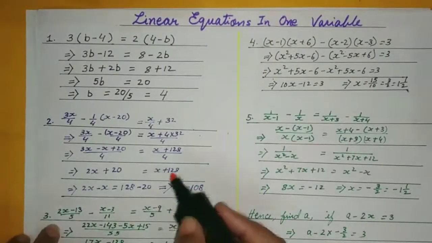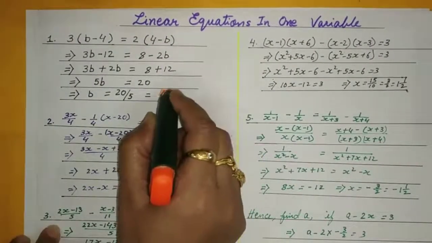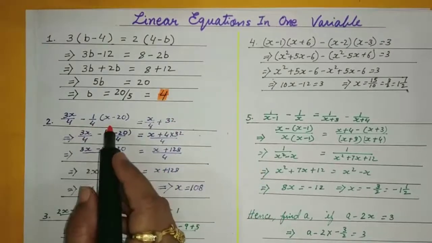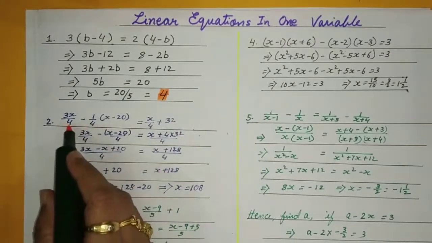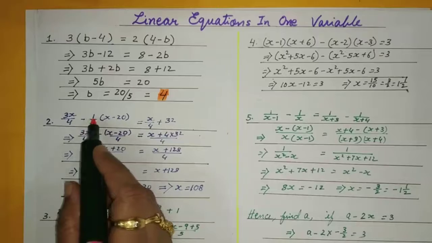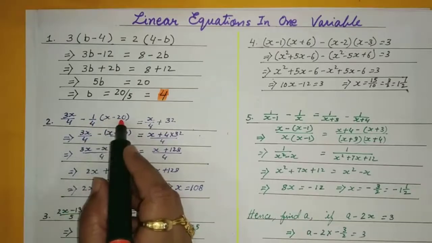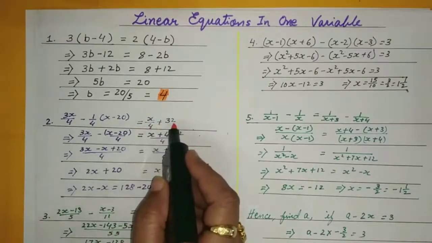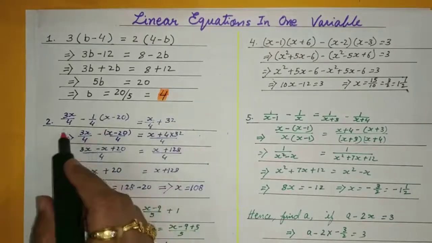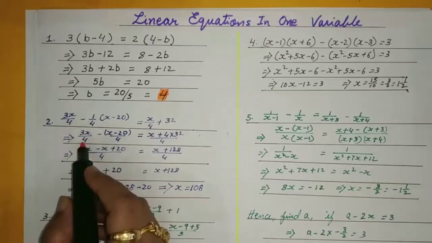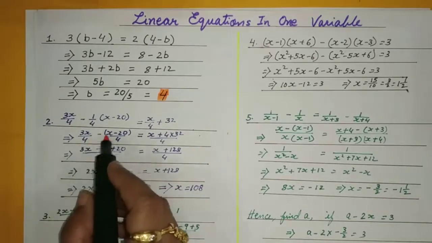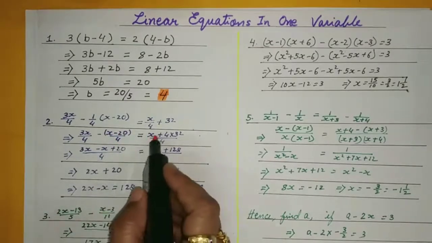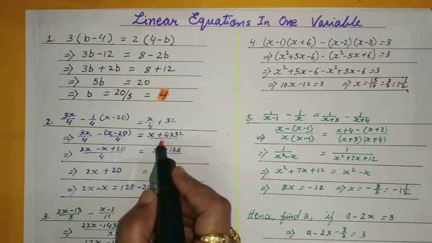The next question. So the answer is here. It is 4. The next question, fraction wise. So if it is 3x by 4 minus 1 by 4 into (x minus 20) is equal to x by 4 plus 32. So what you have to do? You have to make 3x by 4 as it is minus (x minus 20) whole divided by 4 is equal to, we make a common denominator 4.